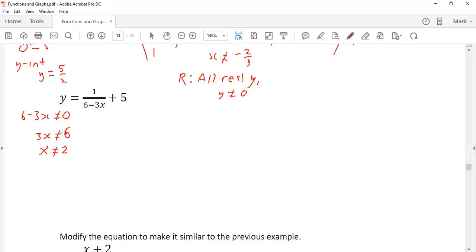Some other important features we're going to find are the x and y intercepts. So let's find the x-intercept first. For the x-intercept, let y equal 0. I'm just going to multiply through everything by the denominator just to get rid of it.